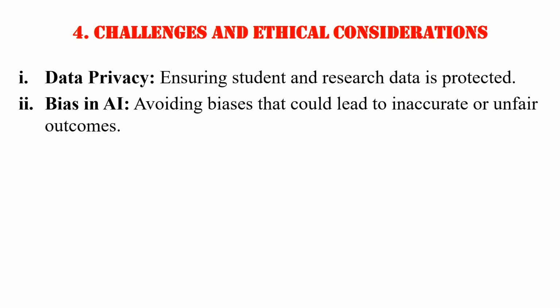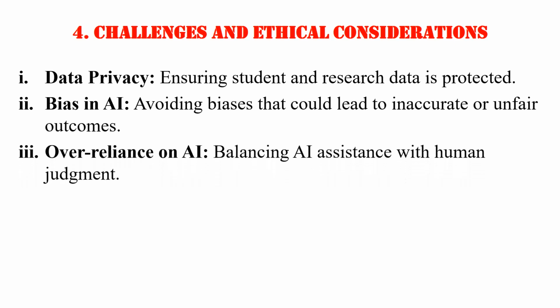Then we have bias in AI, which has been there, but the main thing is what data was extensively used to train them. That's why they are more lenient to one side. But as people interact with them, even across countries, they learn a lot and can respond to any question related to that area. Then we have over-reliance. If you over-rely on AI tools, balancing them with human judgment can be very difficult.